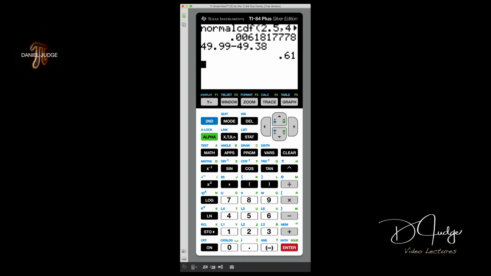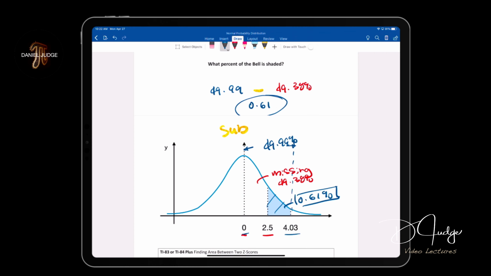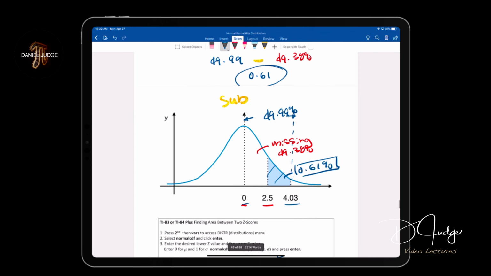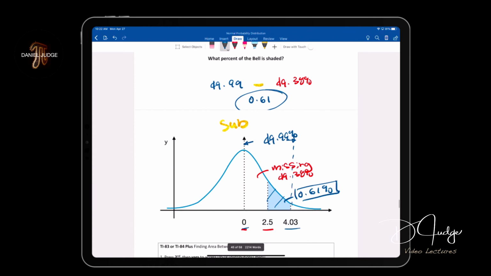That's a percent. So this should be 0.61%. Now you look at the calculator, you go, but Mr. Judge, the TI gave me 0.0062. And I'll say, yes, it did, because these are approximate answers.